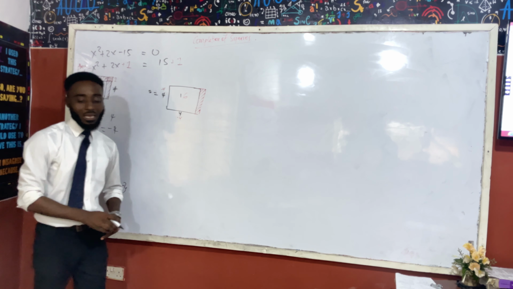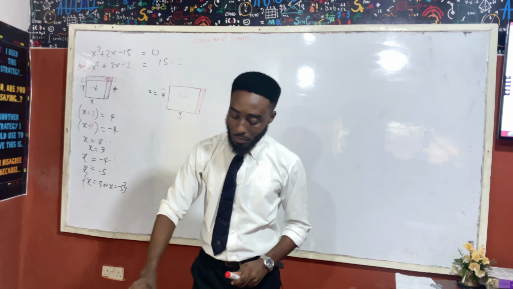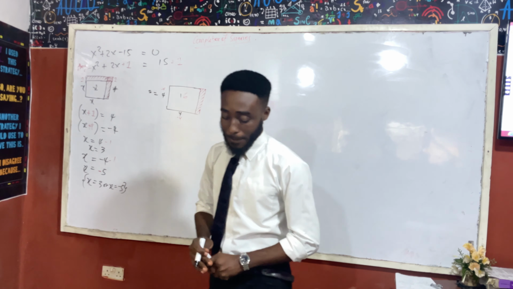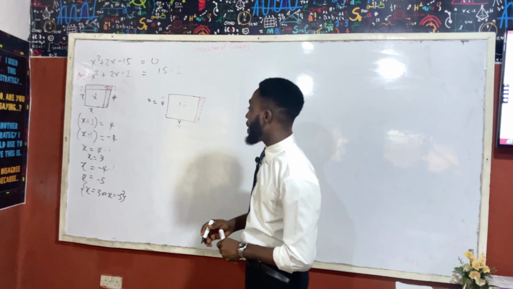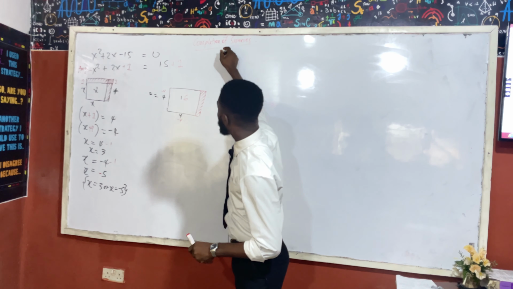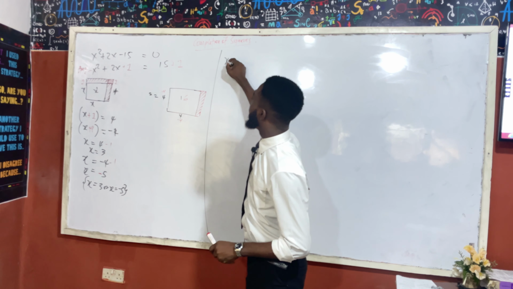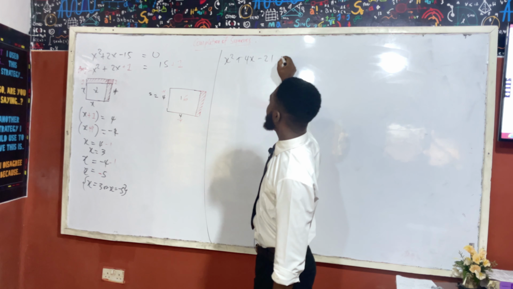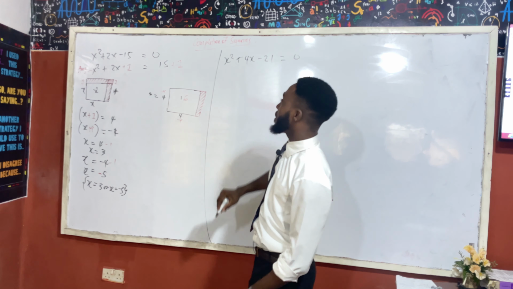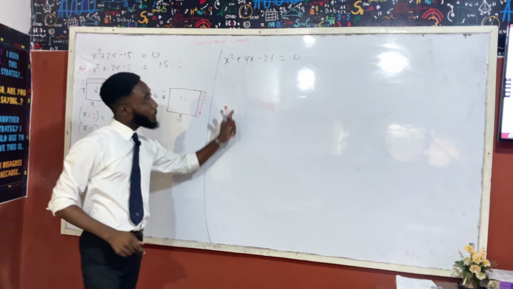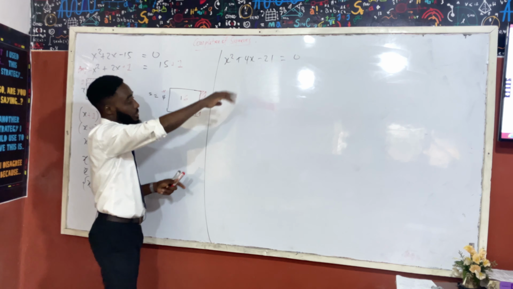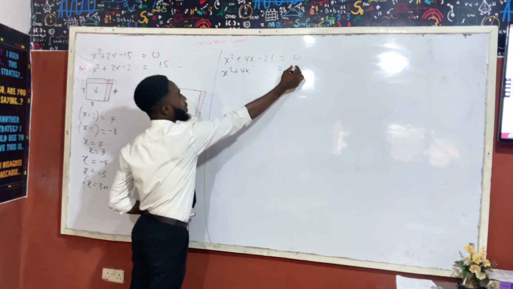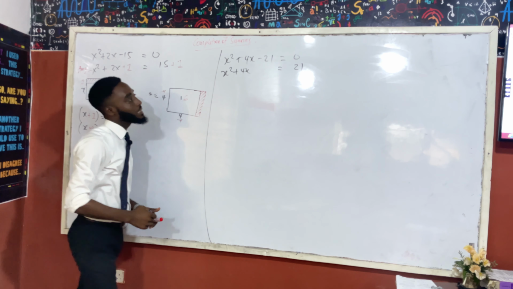Now let's try another example and then we'll come up with a rule for that. If I have a question like x squared plus 4x minus 21 equal to 0, if I'm grouping those terms, I want to just take the constant term to the other side. I have x squared plus 4x equal to what? 21.